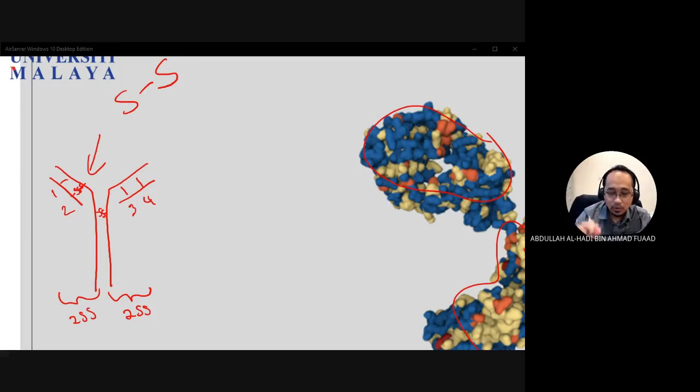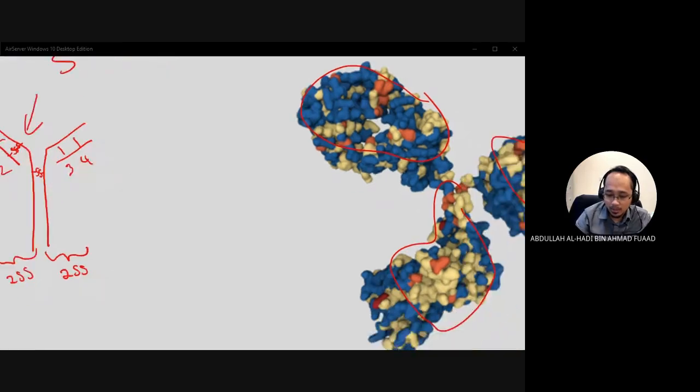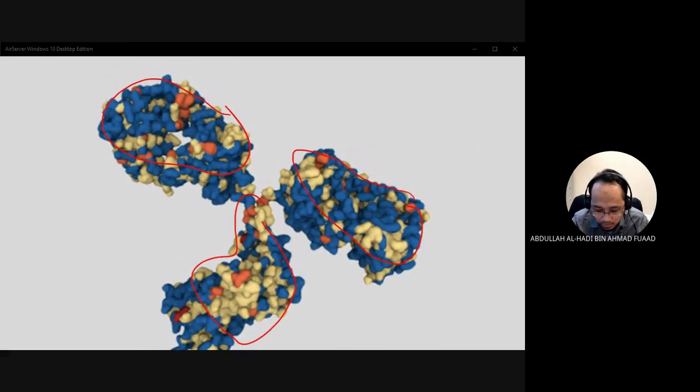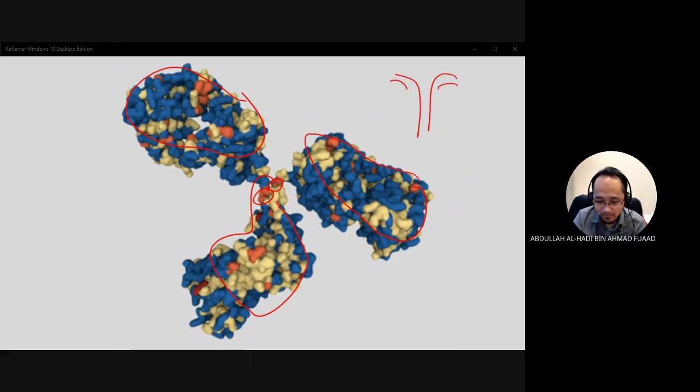If you remember that, and look here, you should notice that there are 2 of each. If you think about color coding, you know that there should be 2 heavy and 2 light chains. But if you look at this image, you might not know which one is the heavy and which is the light chain. To identify it very easily, look at this odd color.